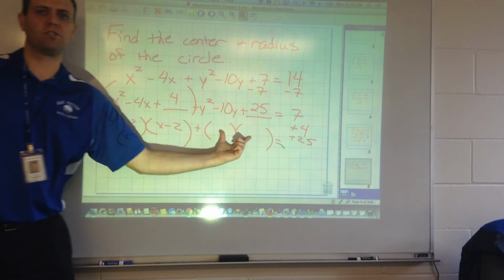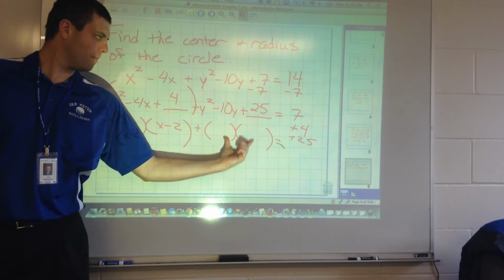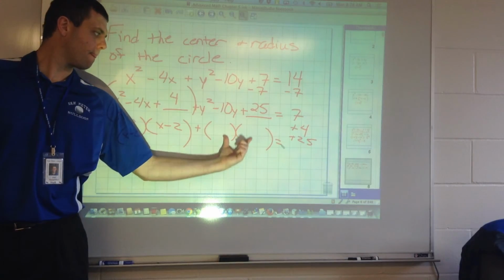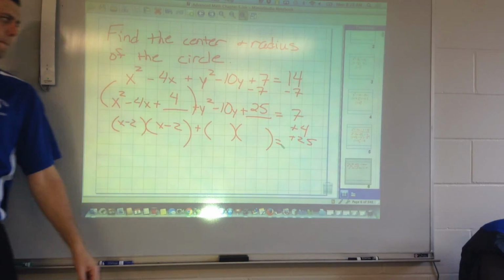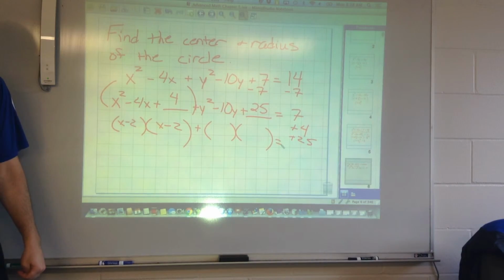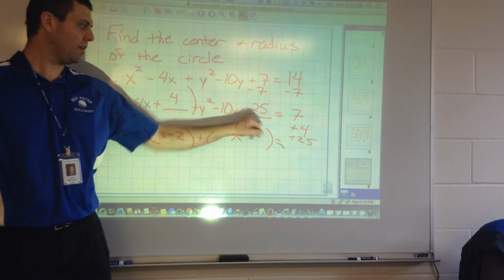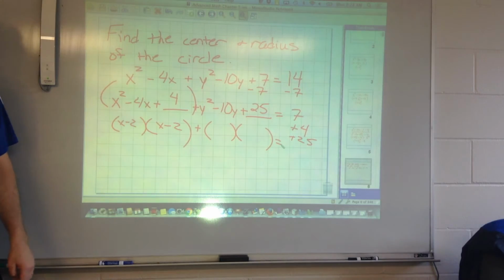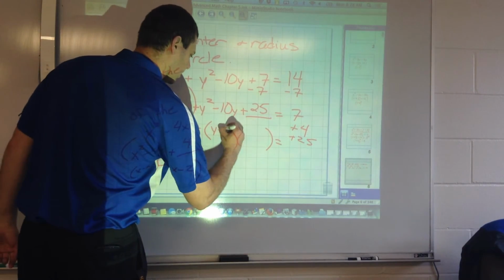What are these two factors that are going to go here? Cameron? You do y minus, what numbers multiply to this and add to this? y minus 5. Y minus 5 and y minus 5. Good.